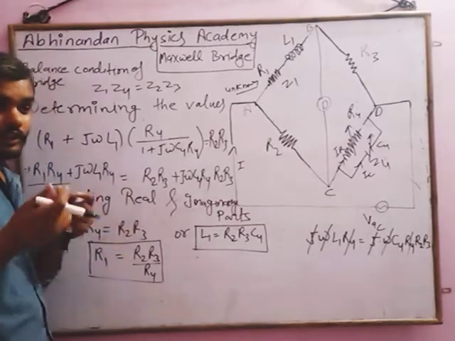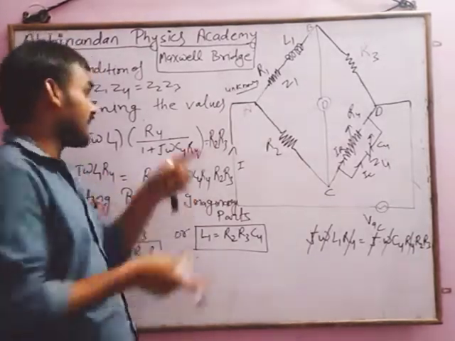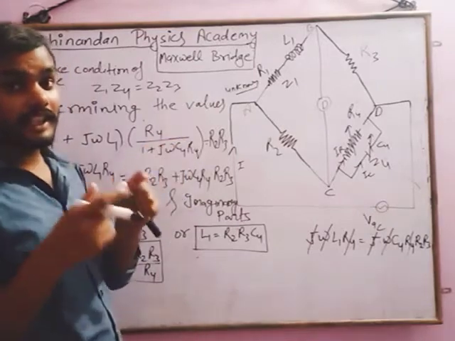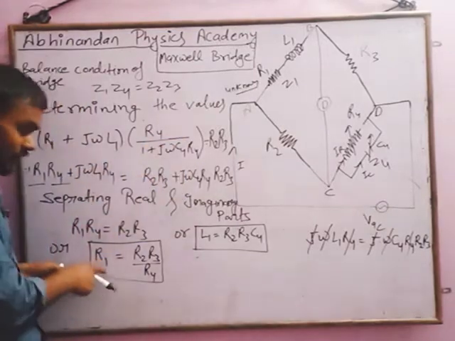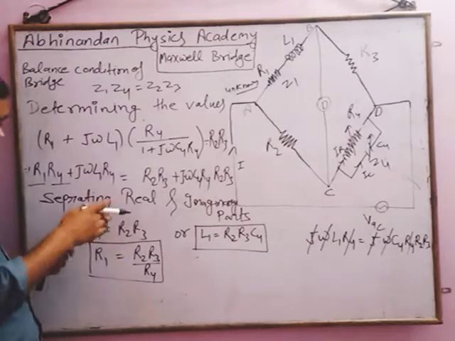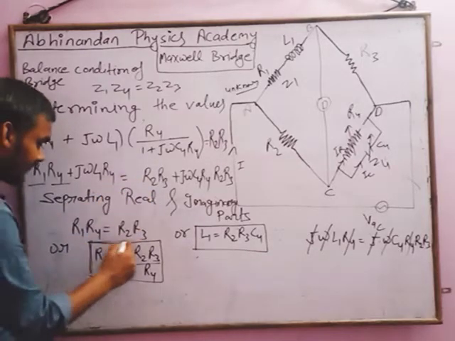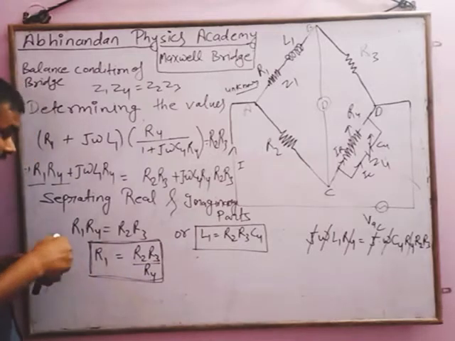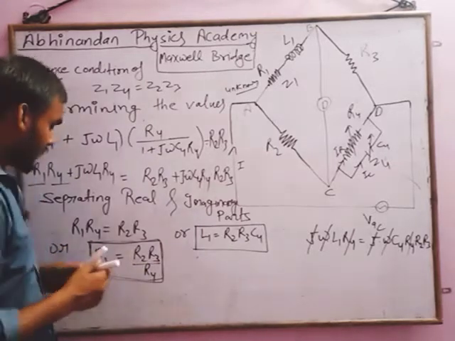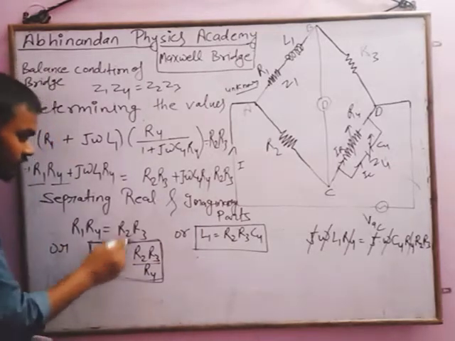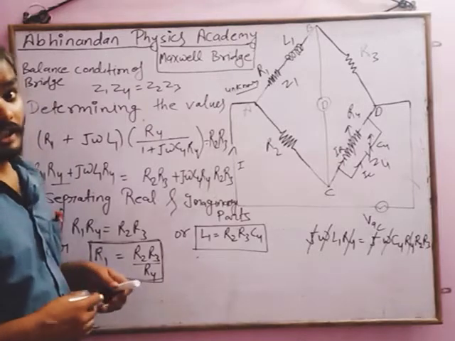If we want the unknown R1, we can write R1 equal to R2 R3 divided by R4. So R1 is equal to R2 R3 upon R4.